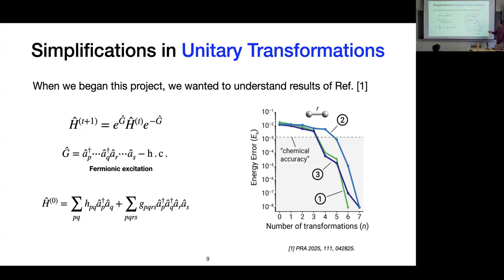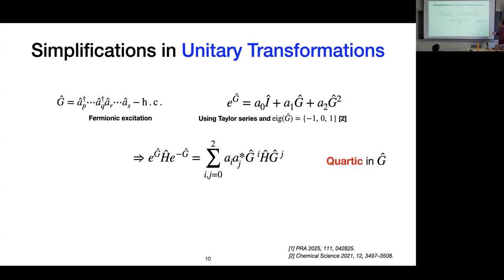Another reason we want to do this transformation with this excitation is that it is fermionic number preserving. It has been shown earlier that this operator has a simple eigenvalue spectrum: -1, 0, and 1. So we can use a Taylor series expansion of the exponential.